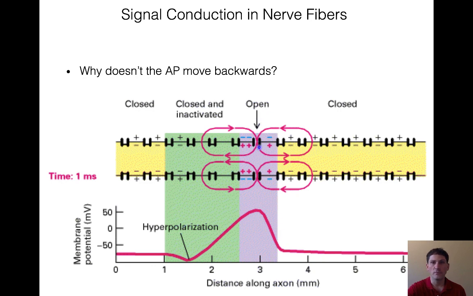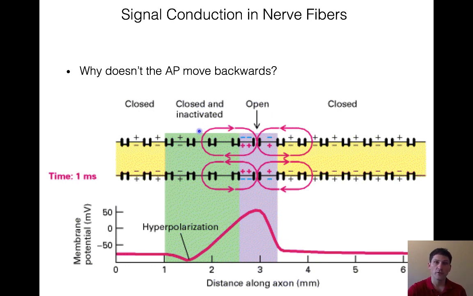And so sodium is moving in, and you'll notice with this arrow on the right and this arrow on the right, that as that sodium is moving in and diffusing into the axon, it's triggering the ion channels that are closed to open. So more sodium comes in, which triggers the opening of more channels, and more sodium, and more, and more, and more. But remember, behind it, we are repolarizing.